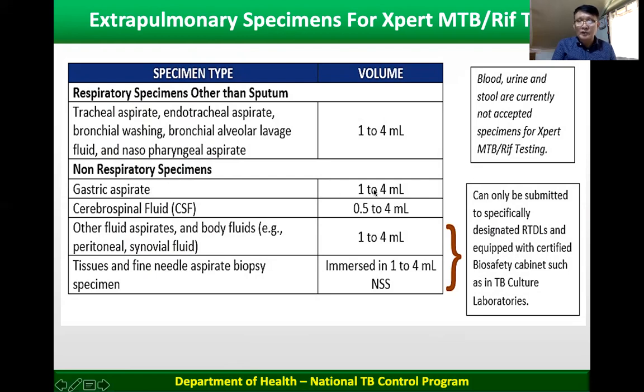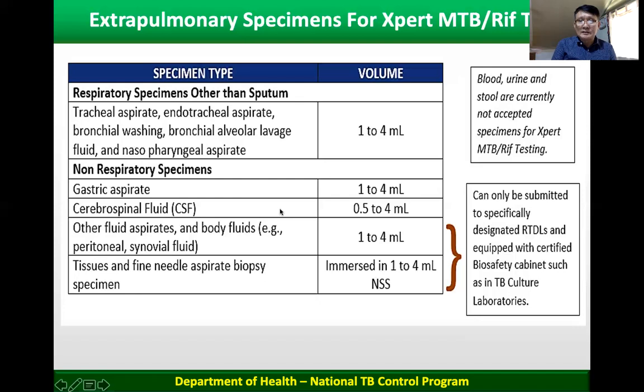We also have one with a volume of 1 to 4 ml. The CSF. So for our RTDL, you can actually test using GeneXpert with a specimen of our CSF, or the cerebrospinal fluid.